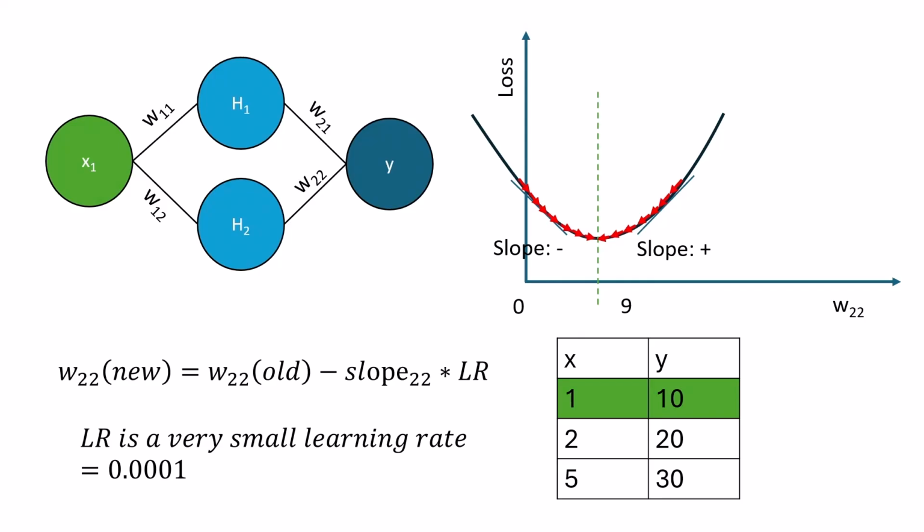I minus a positive number, so I'm moving this W a little bit to the left. On the other hand, if the W22 is on the left hand, we minus a negative number. We move the W to the right hand. Both ways, it will move the W so that we have a smaller and smaller loss here. So this is the core of machine learning. It's always doing this.